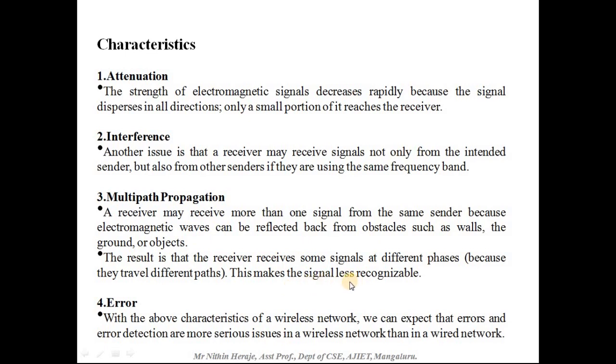This makes the signal less recognizable. Whatever signal the sender sends does not travel in a single path. It will travel in different paths, that is multipath, which might cause the receiver to have difficulty in recognizing the signal that is sent from the same sender.